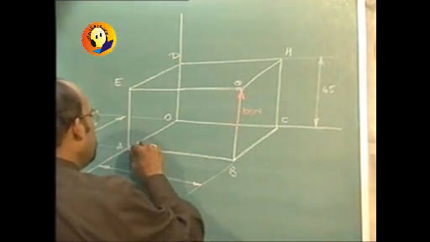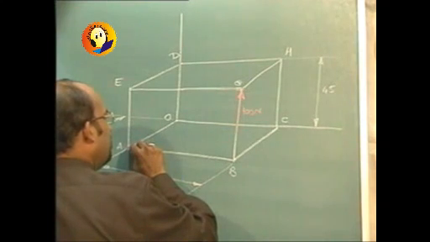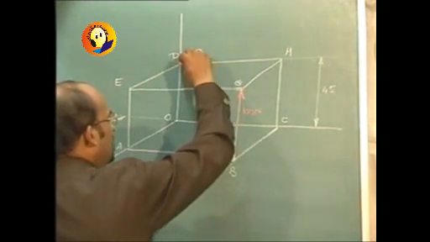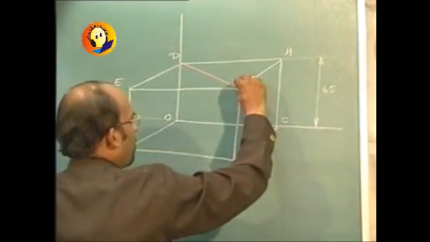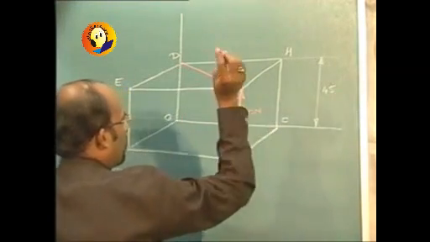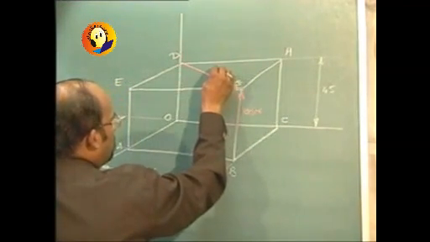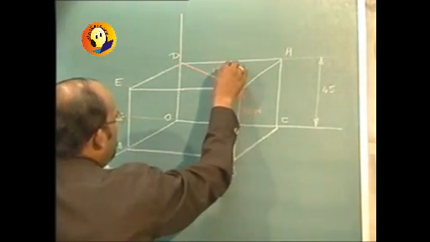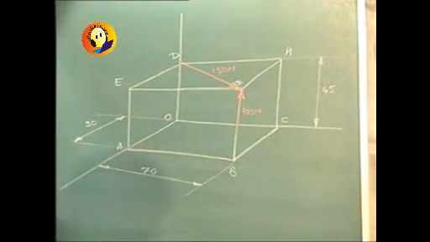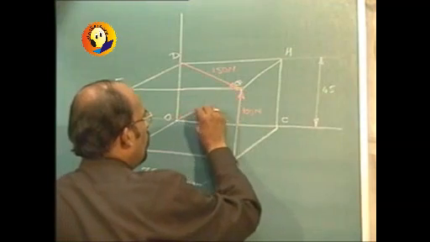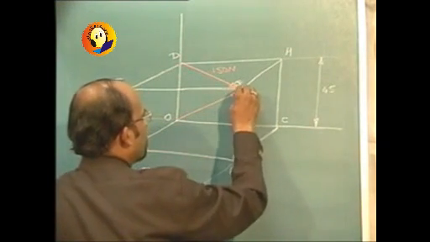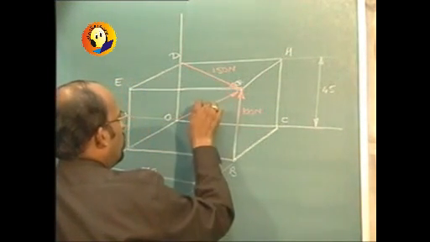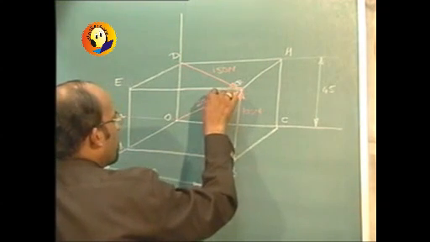Then we are given a force which is acting in direction DG bar of 150 newtons. We even have a force acting from O towards G of 200 newtons.